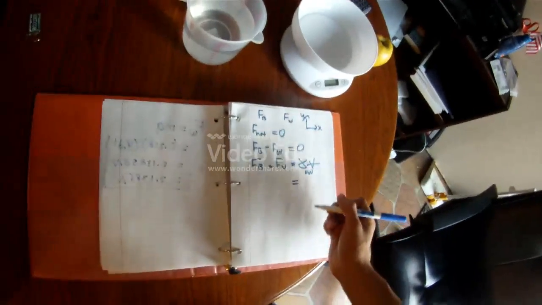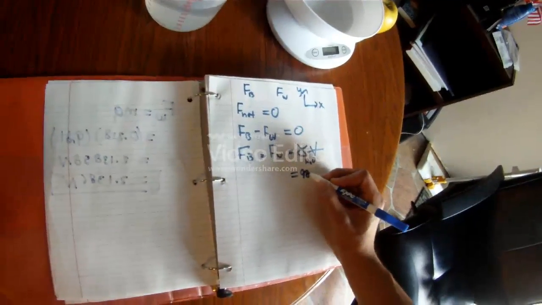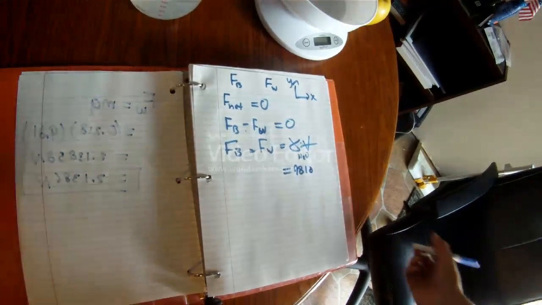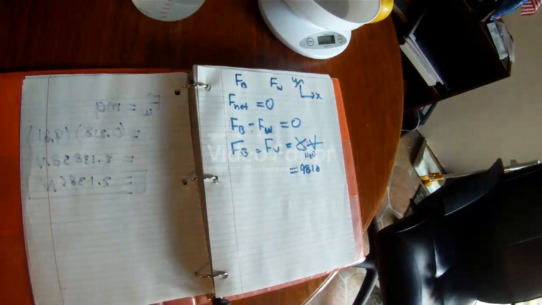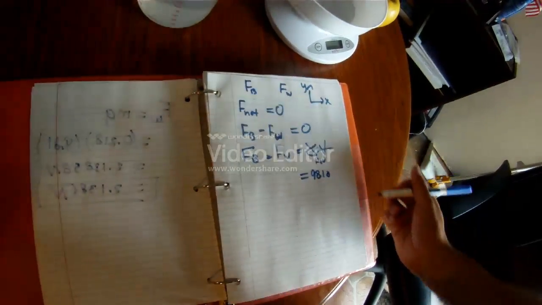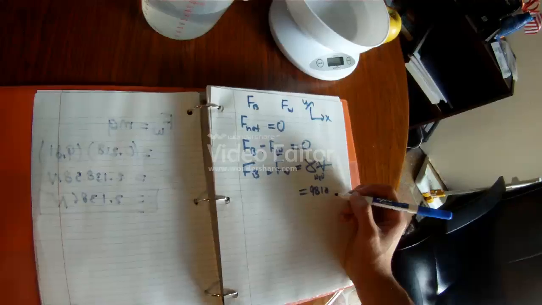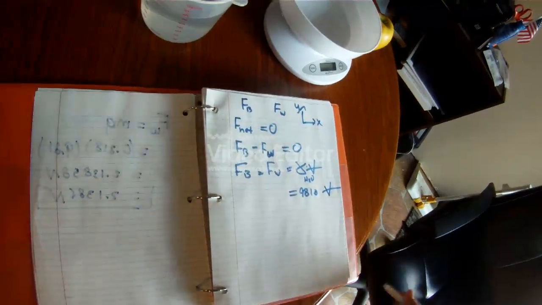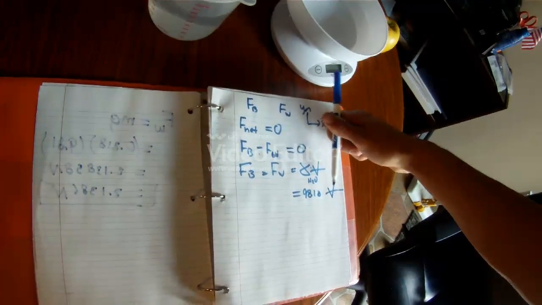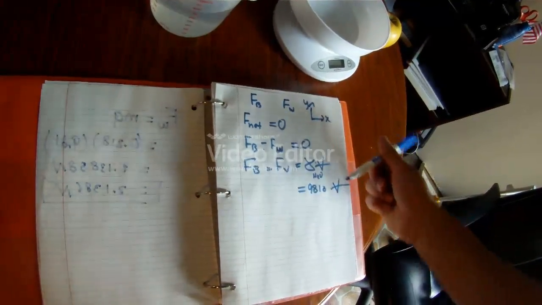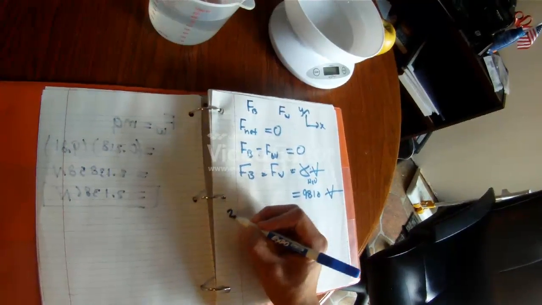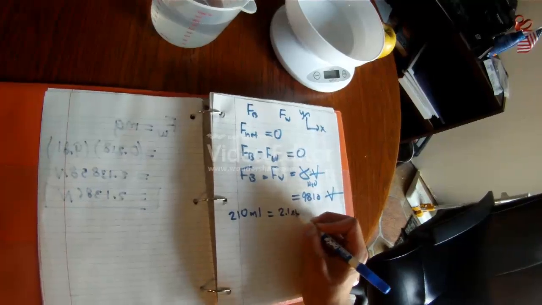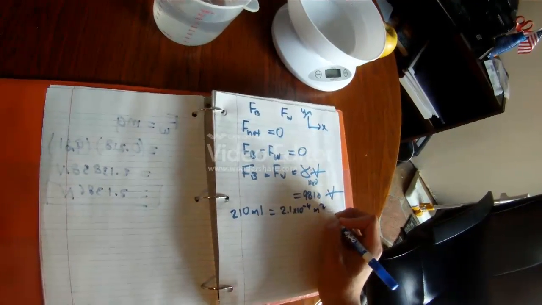The specific weight of H2O is about 9,810 newtons per meter cubed, in SI units. We multiply this by the volume displaced, which is about 210 milliliters, equal to 2.1 times 10 to the negative 4 meters cubed.